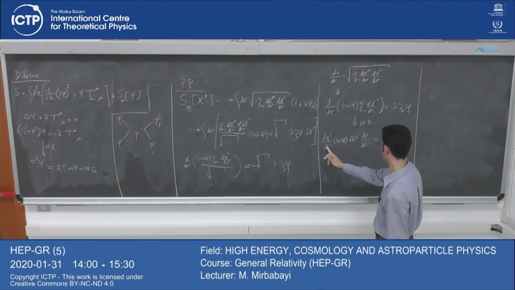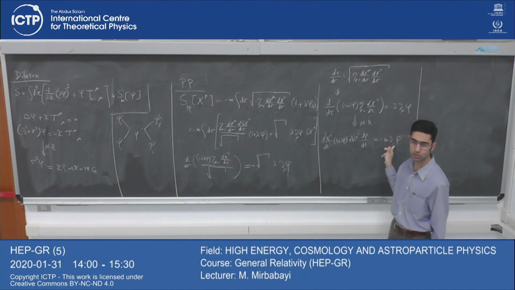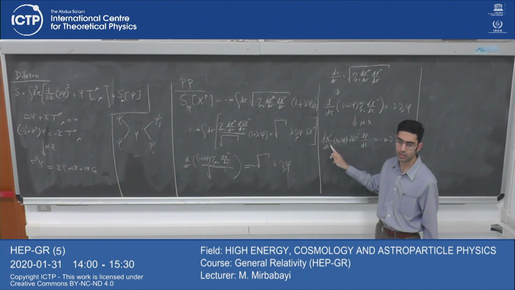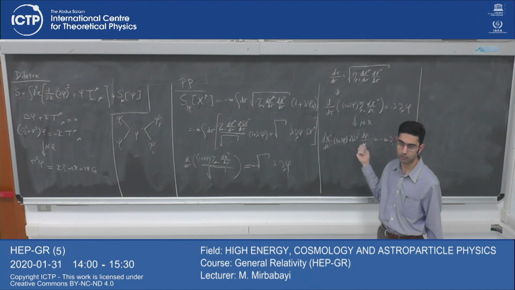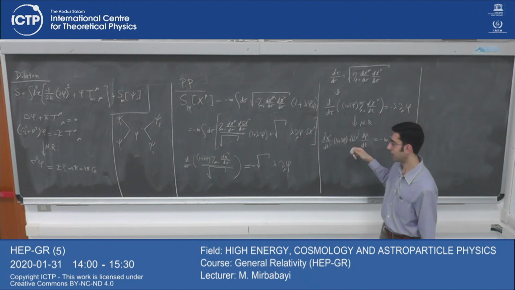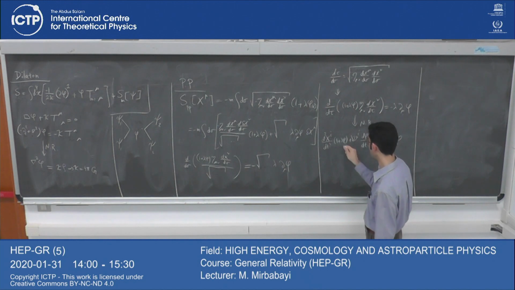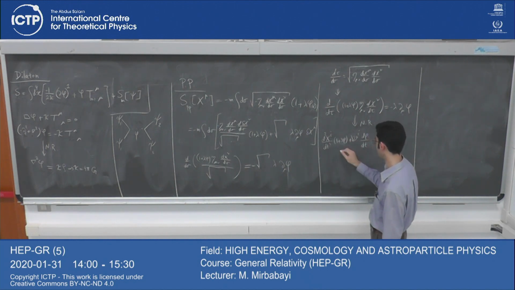You can also see from the equation itself that the acceleration is proportional to the gradient of phi, so the acceleration itself is something about the phi. But in any case, this lambda phi term is small compared to 1. So that's why I drop it here to leading order in phi.